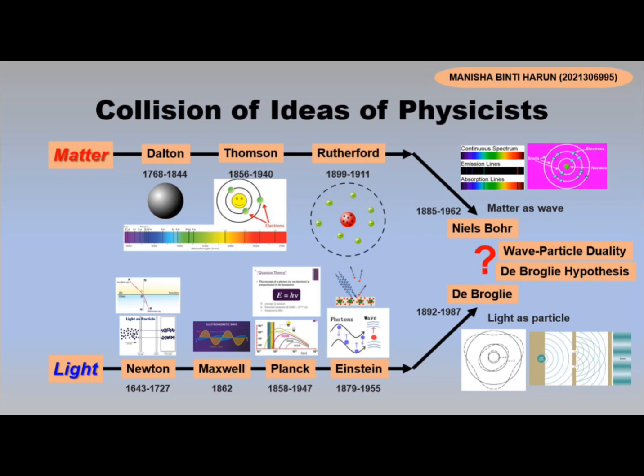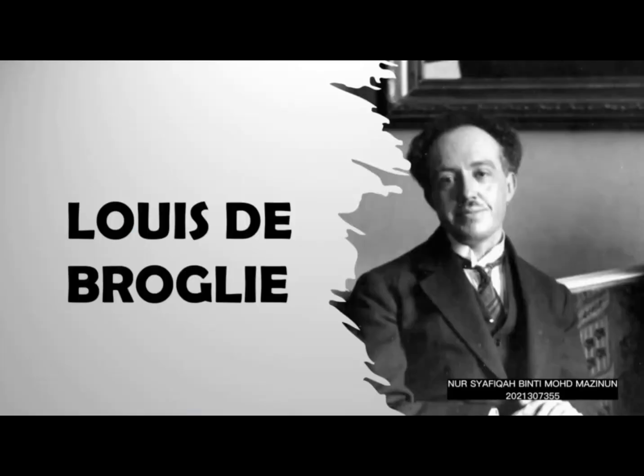De Broglie's models are able to explain the quantum behavior of electrons that Bohr described. De Broglie could explain how quantized electrons could exist, which introduced wave-particle duality and also the de Broglie hypothesis. Now, let's proceed to know the physicists involved in this topic with me, Nur Syafiqah.